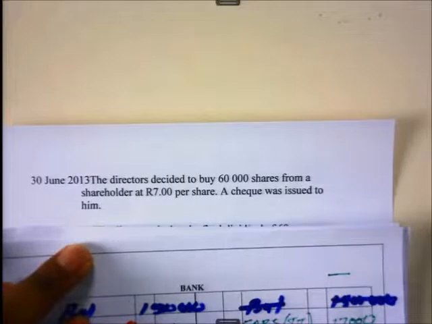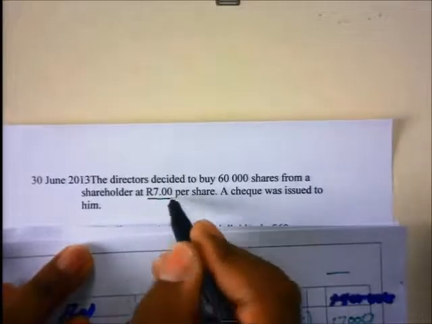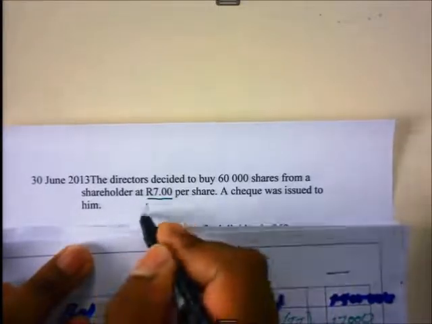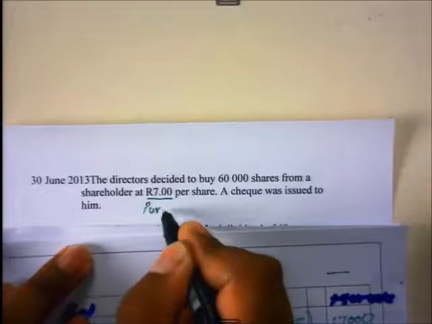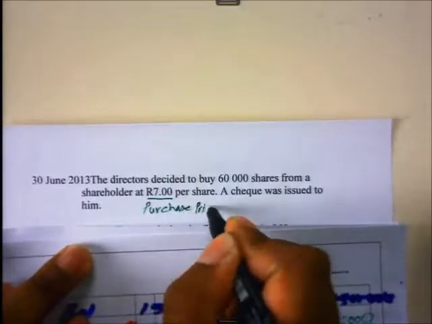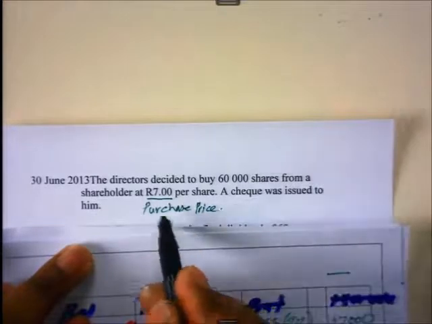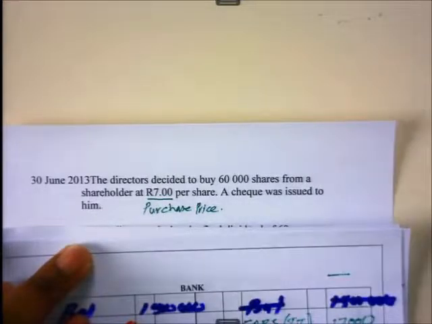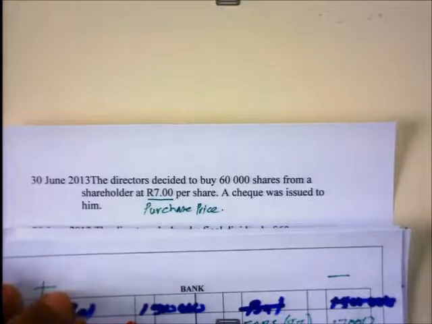Now, this is 7 rand per share. We call it the purchase price. This is the price that we pay to purchase the shares from the shareholder. Okay? Right. We paid 7 rand.